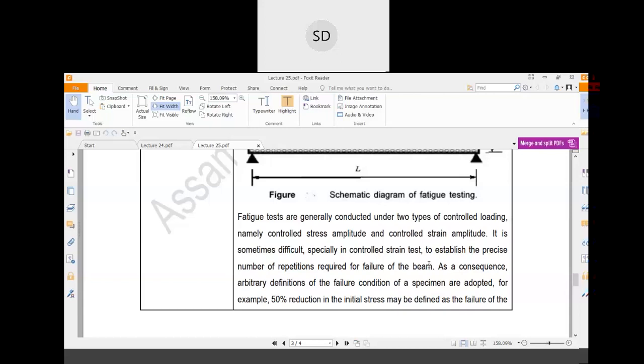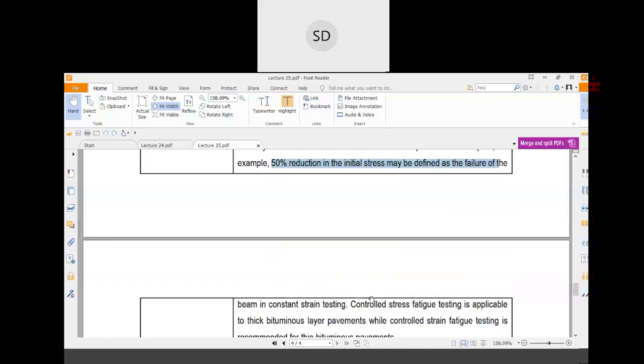Therefore, you need to adopt some failure criterion so that you can check the total number of repetitions in a strain control test. For example, a 50% reduction in the initial stress may be defined as the failure of the beam in constant strain testing.